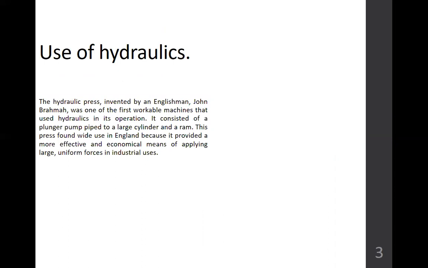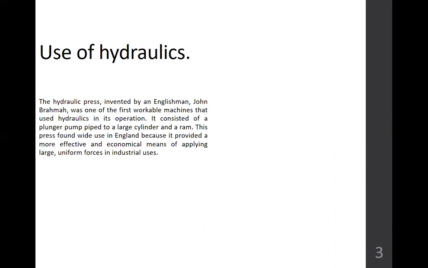So, use of hydraulics. The hydraulic press, invented by an Englishman, Joseph Bramah, was one of the first workable machines that used hydraulics in its operation. It consisted of a plunger pump piped to a larger cylinder and a ram.